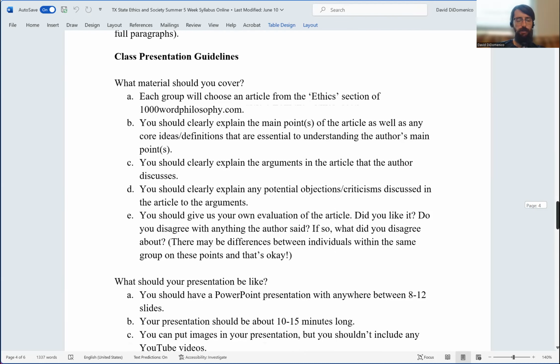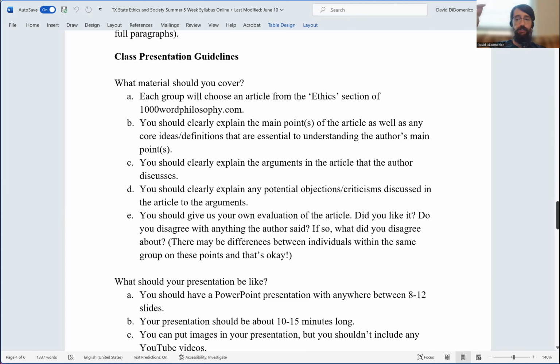In terms of the class presentation, the other major assignment aside from the exams, we're going to figure out who your partners are going to be. And then you, along with your partners, are going to decide on one article from a website called 1000wordphilosophy.com.